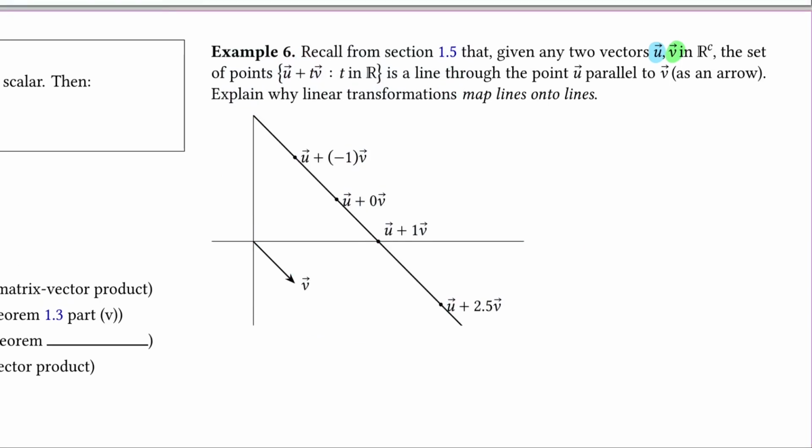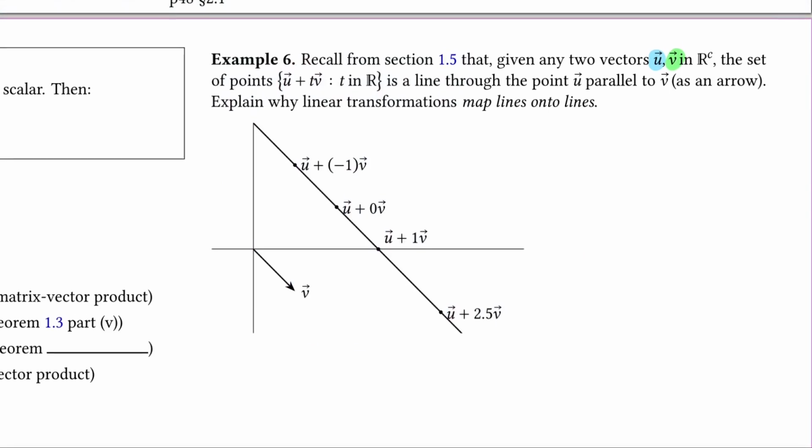Any line can of course be written like that because no matter what line you have, there's always going to be some point on it you can call u and just take any vector parallel to it and call that v.